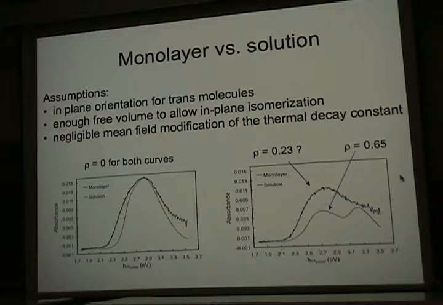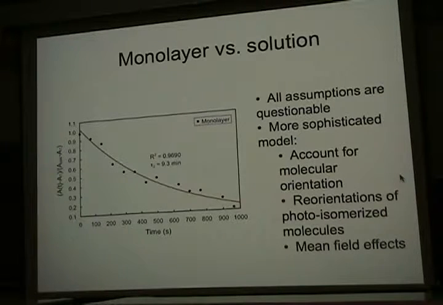So, this isn't the best way to look at it, I guess is the point. You need a more complicated interpretation of what's going on with the molecules on the surface. In addition, the thermal decay constant for molecules in the monolayer is different than it is in solution. It's longer.